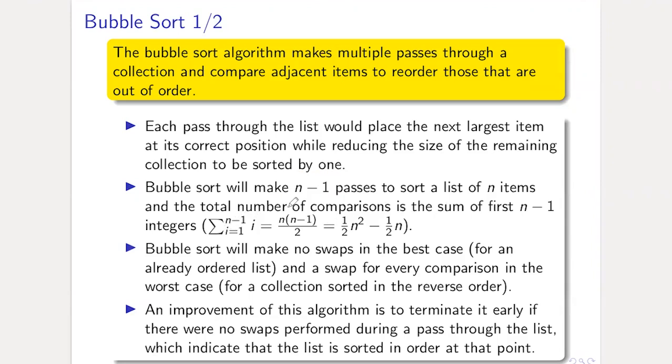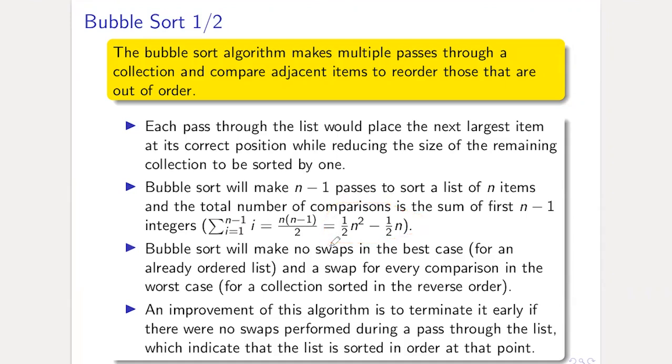So the total number of comparisons would be n-1 plus n-2 plus n-3 plus, like that, up to 1. So 1 to n-1, the sum of the numbers, which can be written in this manner.